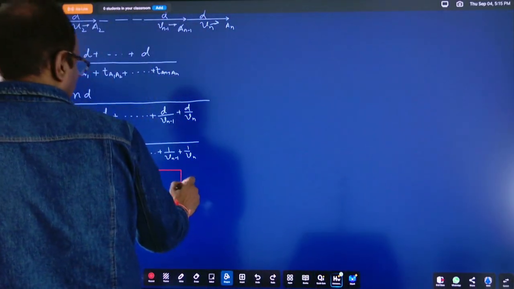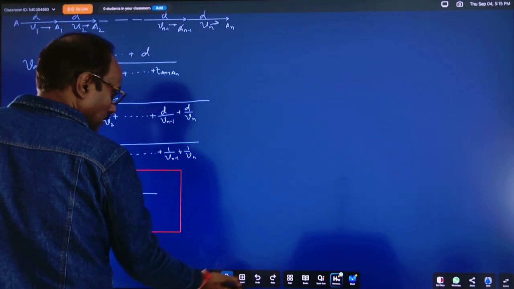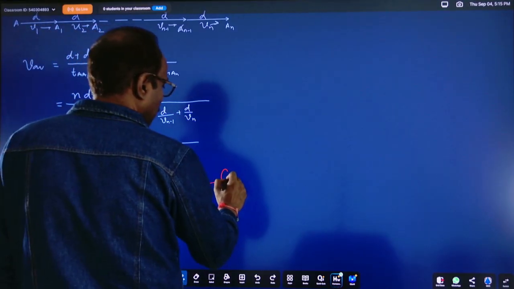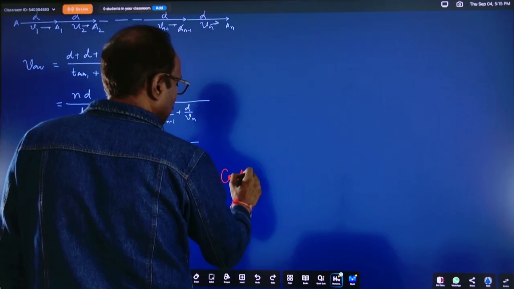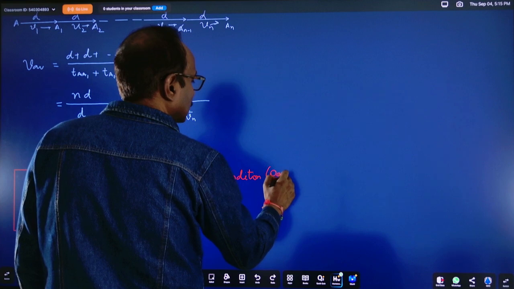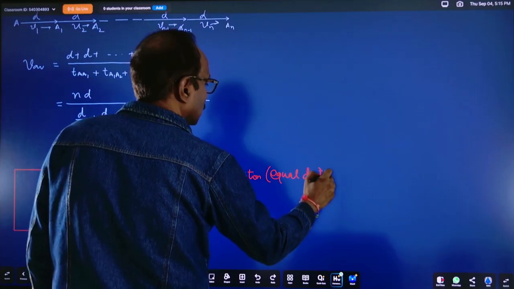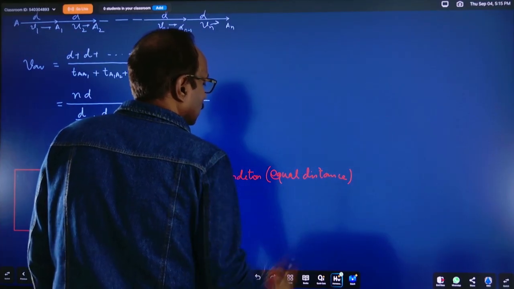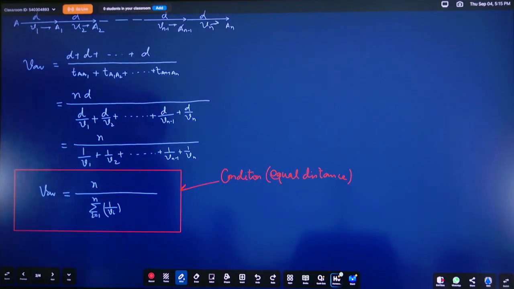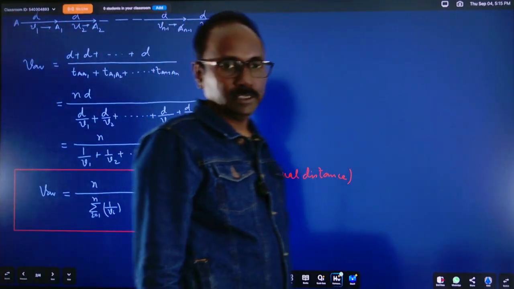The condition for this is equal distance covered with each of the velocity, each of the magnitude of the velocity.